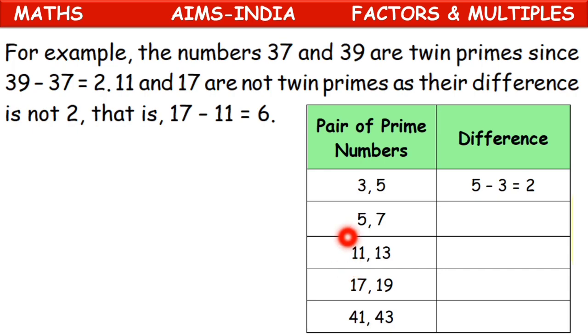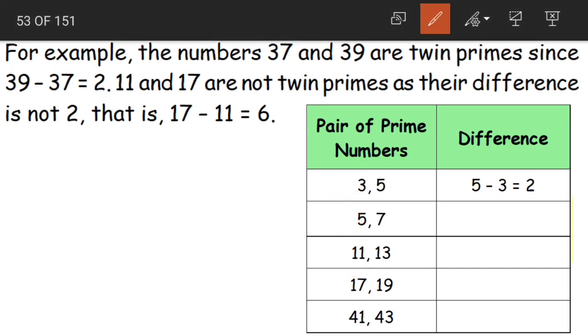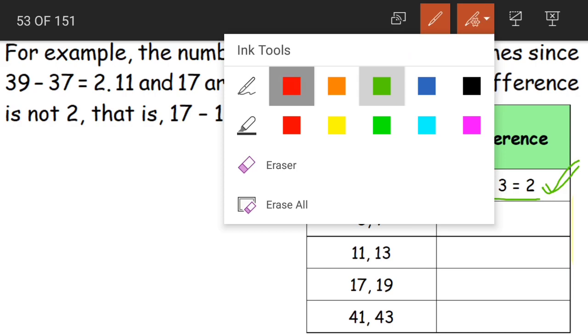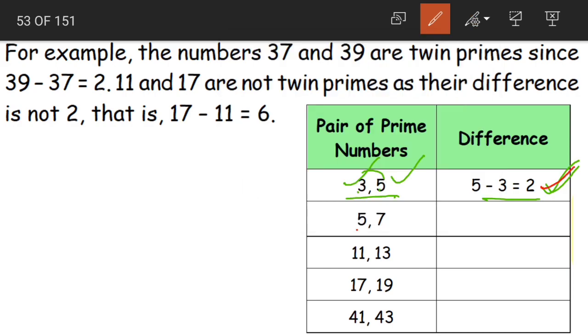Now here are some more examples of twin primes. If you look at this, 3 and 5. 5 minus 3 is equal to 2. Here both are prime numbers and the difference is 2. So they are our twin primes. 5 and 7. Both are prime numbers and their difference is 2. So they are also twin primes. 11, 13.